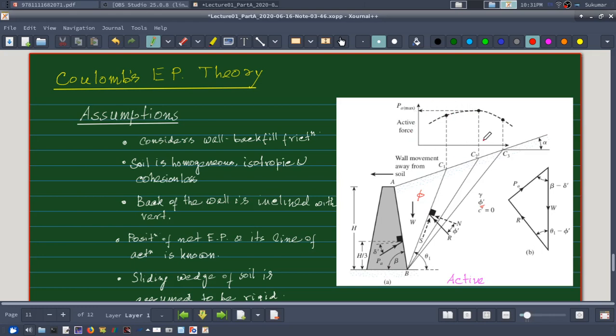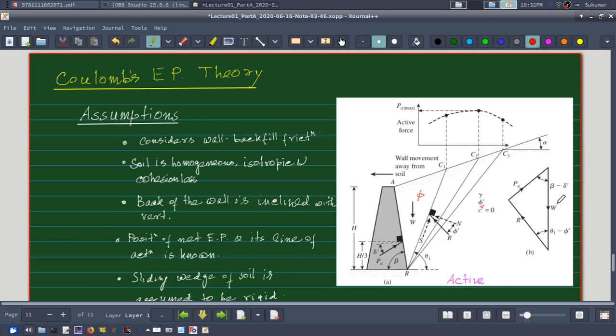The biggest advantage is that we can take into account the inclination of the back wall, the effect of wall-soil friction, and of course the effect of shearing resistance of the soil, and my backfill can be either inclined or horizontal. Accordingly, what will change?